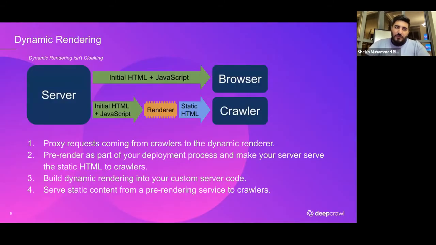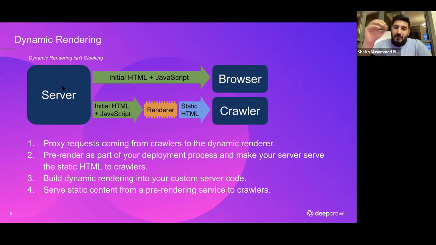There are two things which we have discussed: client-side rendering and server-side rendering. There is another approach which lies in between, called dynamic rendering. If you are confronted with a situation where you don't want to implement server-side rendering, and you want to keep it simple, then you can do dynamic rendering. So what is dynamic rendering? Basically, for the browser and the users, they use the website like a client-side rendered website, like a normal JS app.